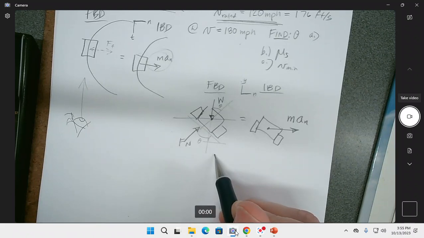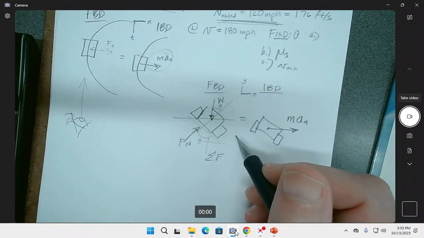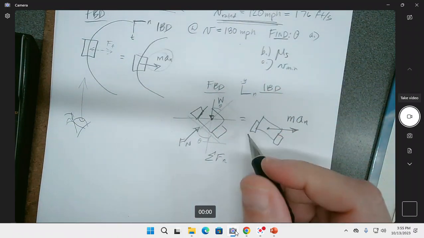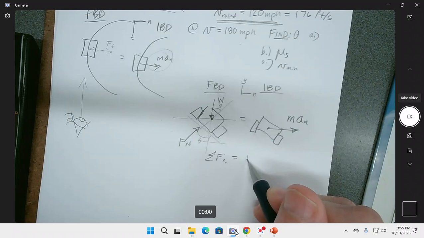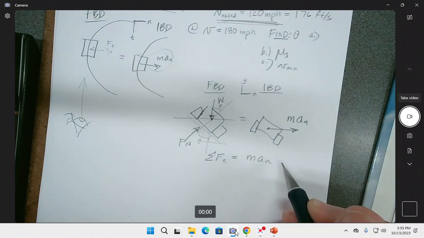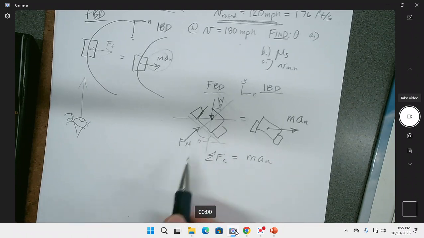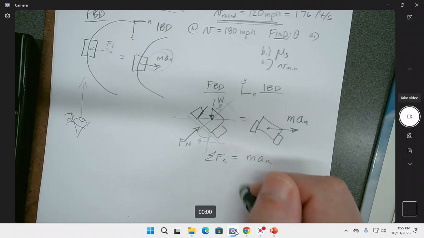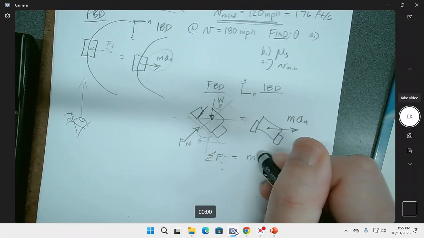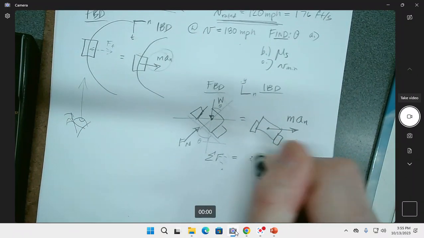So we'd say the sum of the forces in the normal direction is equal to mass times acceleration in the normal direction. Well, let me do it first. Sorry.